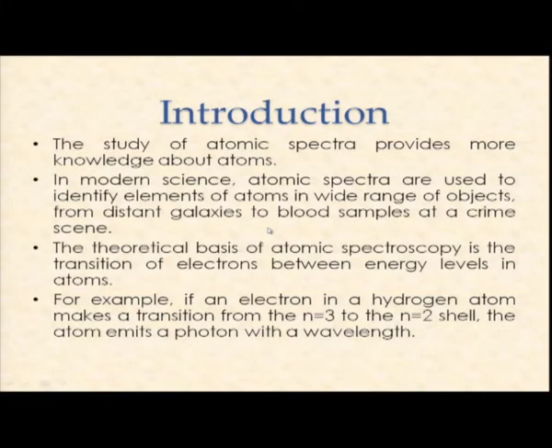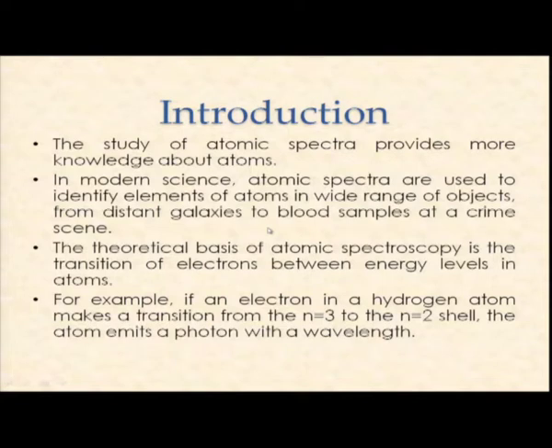So, in modern science, atomic spectra are used to identify elements in a wide range of objects, from distant galaxies and stars. That means all objects in the universe contain some elements. Those elements are analyzed by spectroscopic techniques, where atomic spectra is the fundamental concept.